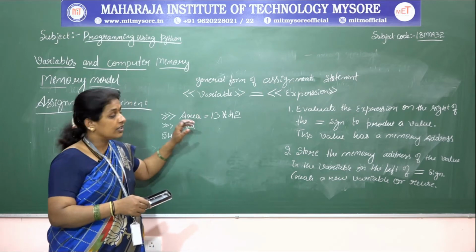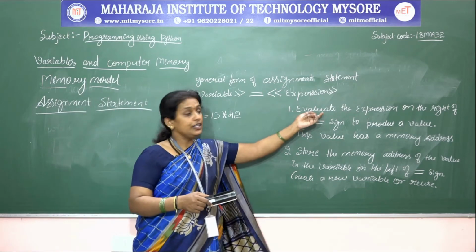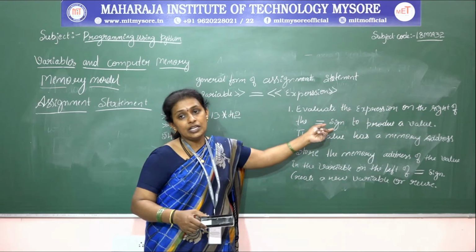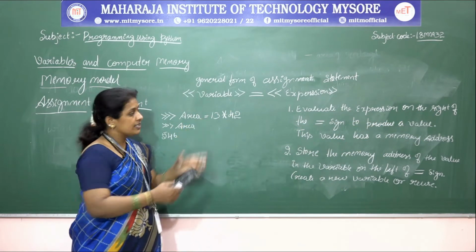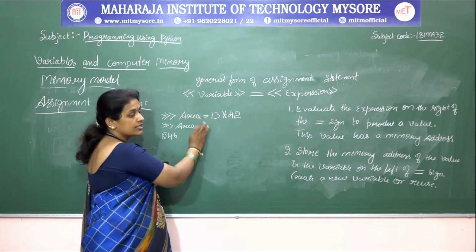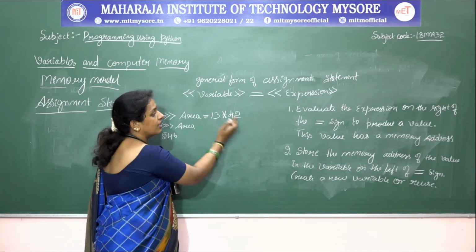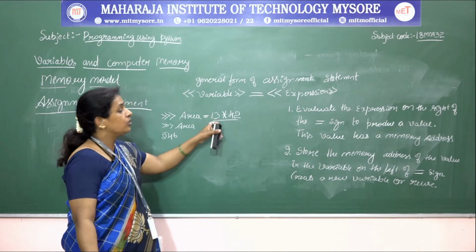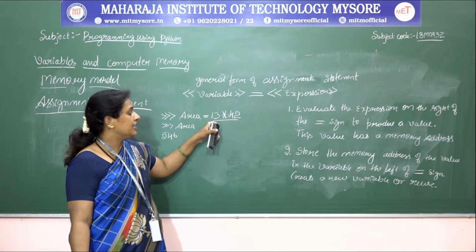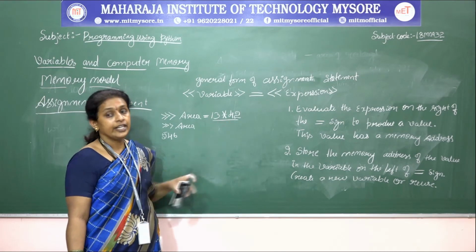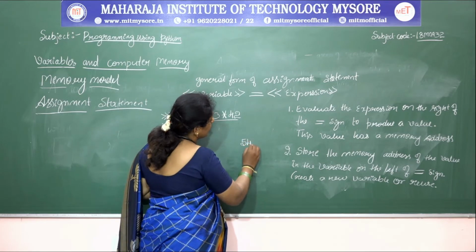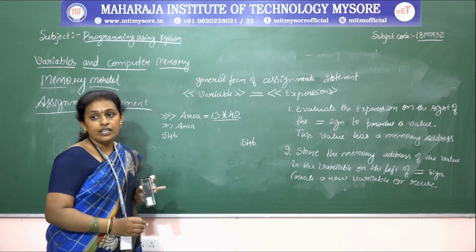With respect to this, we need to evaluate the expression on the right of the equal sign. On the right-hand side we have this expression, 13 multiplied by 42, which gives the answer 546.